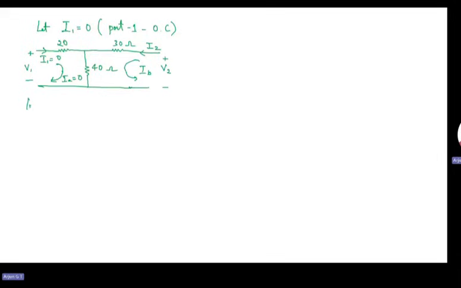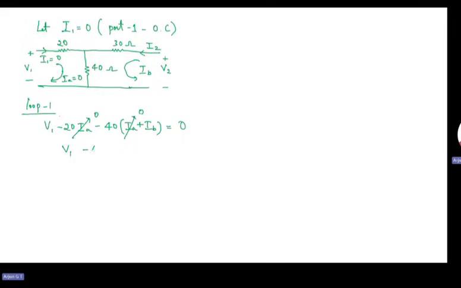I will apply KVL for loop 1. Loop 1 becomes V1 minus 20 IA minus 40 (IA plus IB) equal to 0. As IA is equal to 0, these terms become 0.